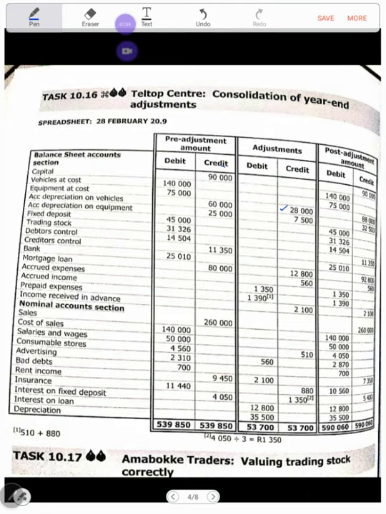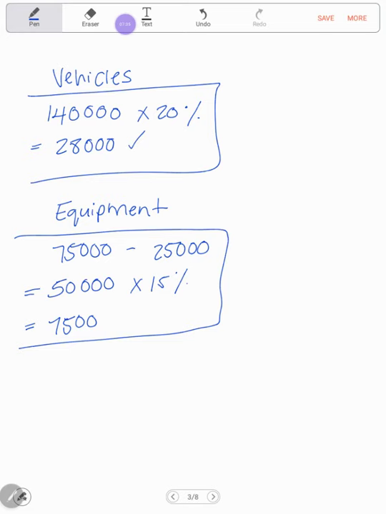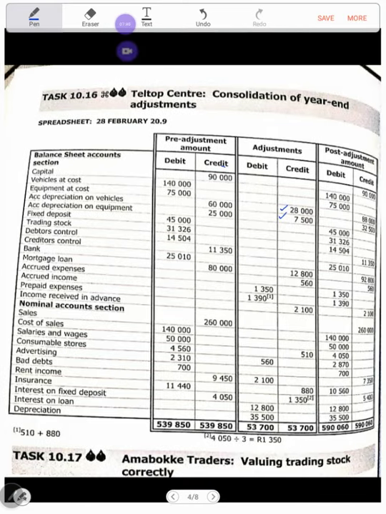There's our depreciation for vehicles, the 28,000, and then the 7,500 Rand for equipment. Now, having taken the adjustment into account, I took the 60,000 and I added my 28,000 to get a post-adjustment amount worth 88,000 for accumulated depreciation on vehicles, and then 25,000 plus 7,500 to get the accumulated depreciation for equipment.